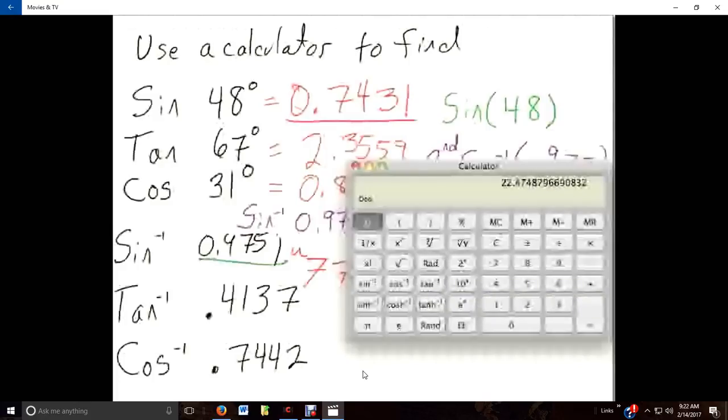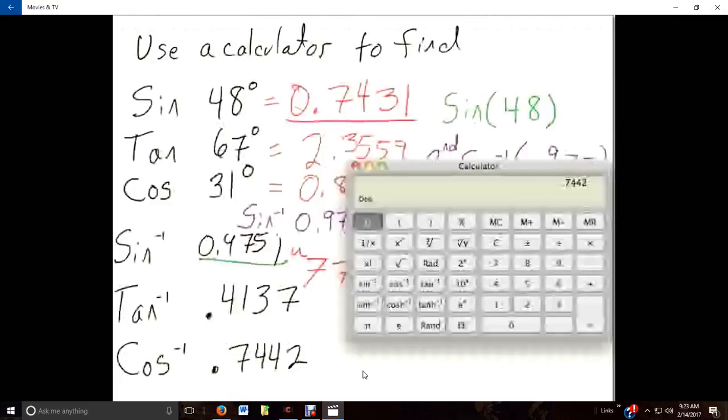Tells us that an angle of about 22.5 degrees will give you a tangent of 0.4137. Degrees you can abbreviate to about 1 decimal point, perhaps 2 if requested.